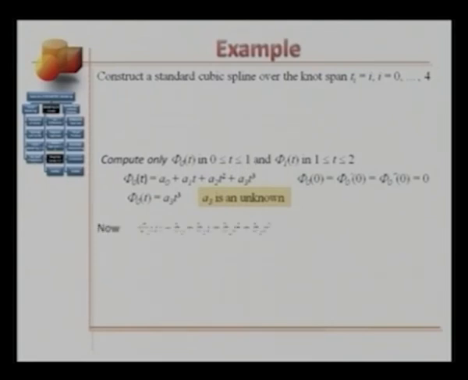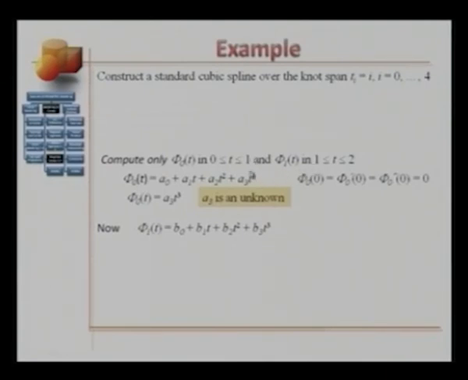Now, phi 1 being also cubic, we can write phi 1 as b0 plus b1t plus b2t squared plus b3t cubed, where now b0, b1, b2, and b3 are unknowns. How do we find them? All we need to do is ensure position, slope, and the continuity in second derivative at the junction point t equals 1.